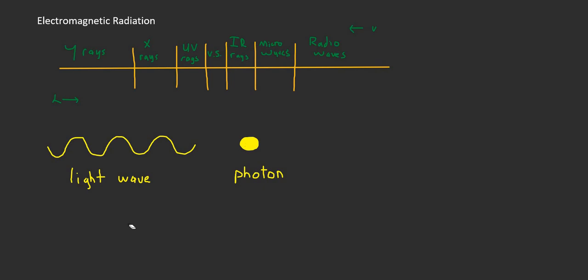So light has two key properties that you'll have to use in various equations in chemistry. So the first property is something we already talked about, wavelength. And wavelength simply means the distance between two peaks in a wave. So we have a peak here, we have a peak here, and the distance between them is the wavelength.